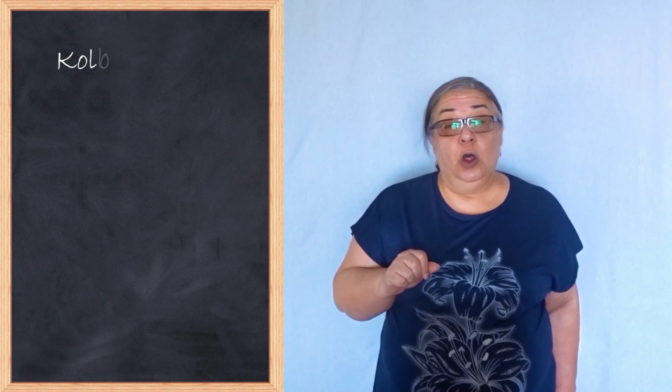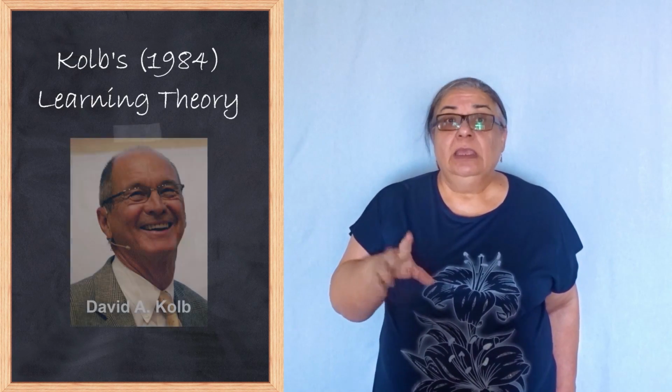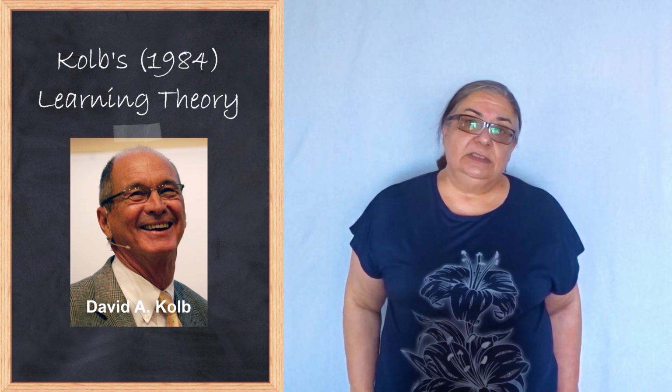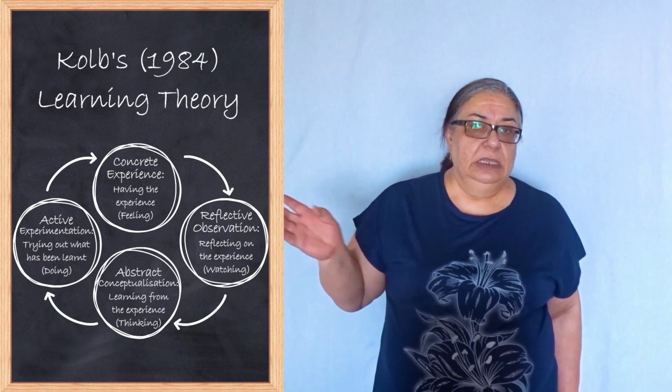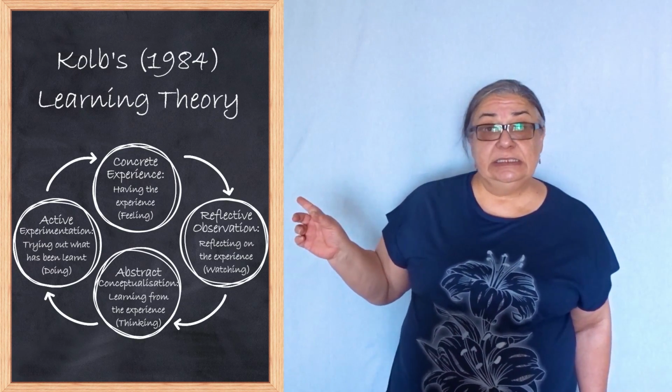The next theory that I want to mention here is Kolb's learning theory, which came out in 1984. And Kolb's learning theory is based on a 4-stage learning cycle, as you can see in this figure.